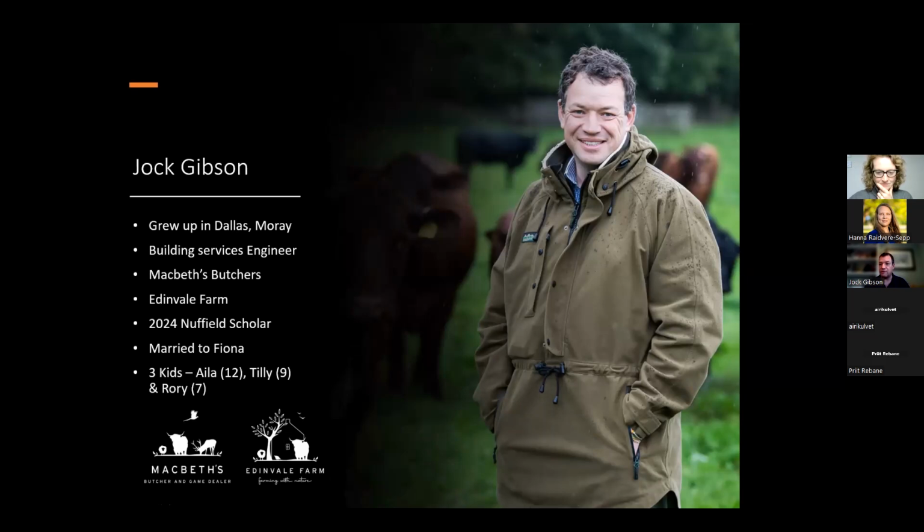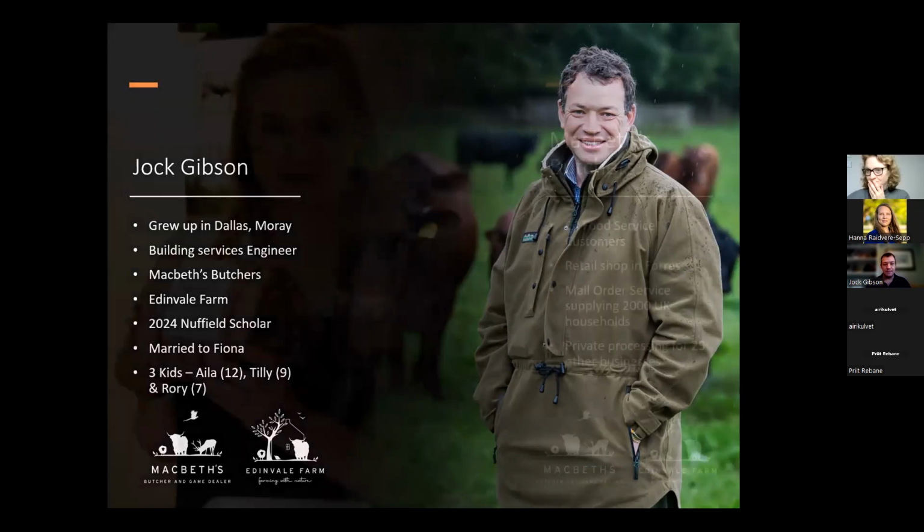We also have a butcher's shop as well. So all the beef that we produce here goes through our butcher's shop. And again, that's an important aspect of why we do what we do. Very much family farm. My wife and I run it, and we have 3 kids as well who have varying levels of interest.